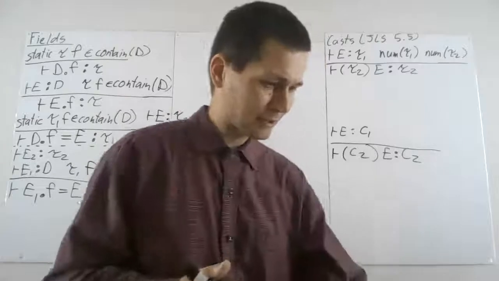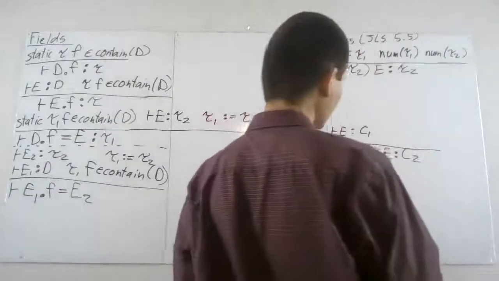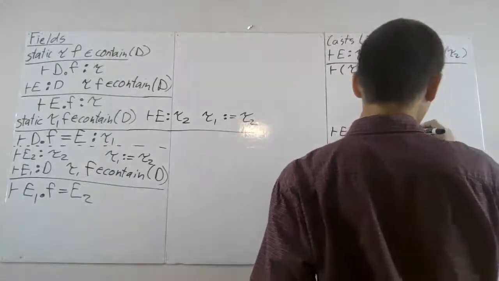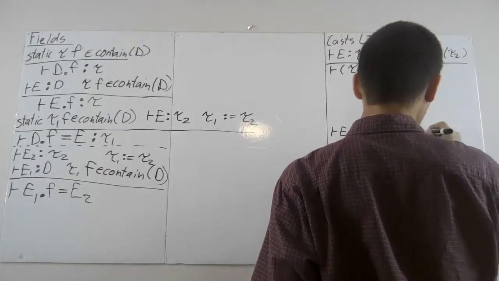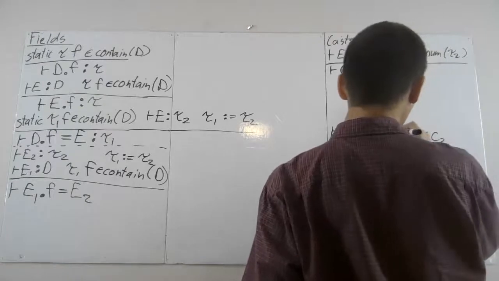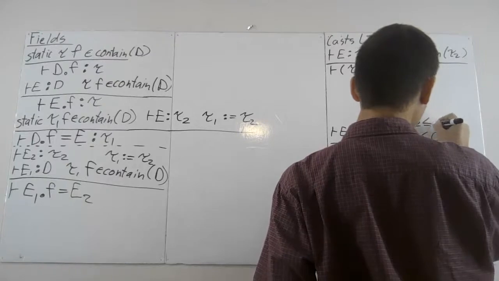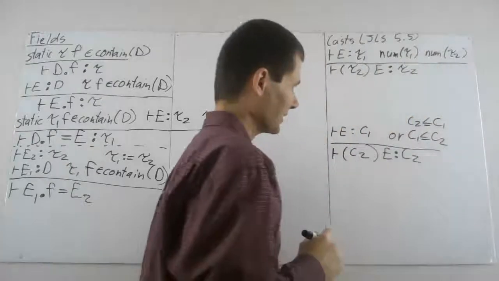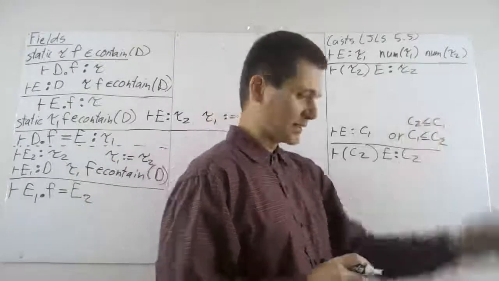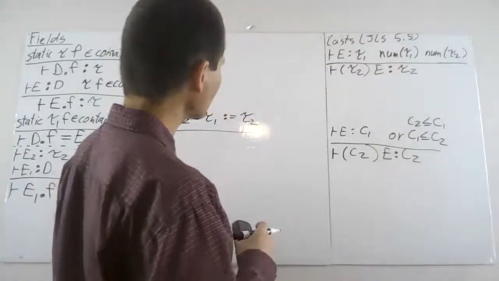Well, there's a bunch of relationships, but the basic rules are: either C1 is a subtype of C2, or C2 is a subtype of C1. The basic rule is that one of these two things has to be true.